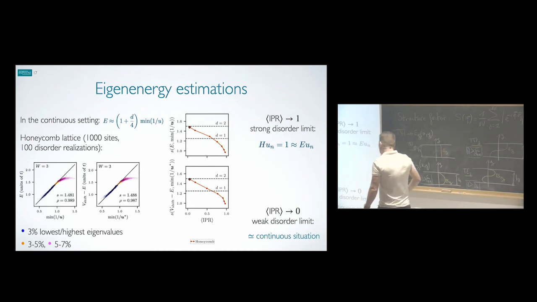In the weak disorder limit, we expect just a discrete approximation of the continuous situation, and we should have something close, not strictly equal. It is not a clear-cut argument, it's just a hand-waving argument, but we are close to the continuous case, and this is what we observe with the Honeycomb.